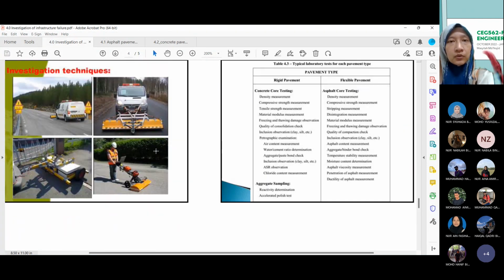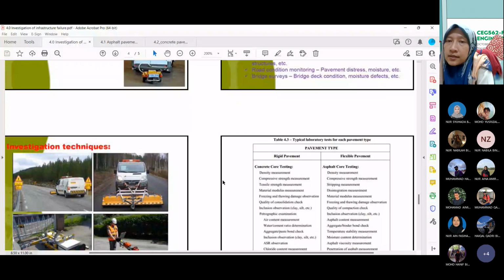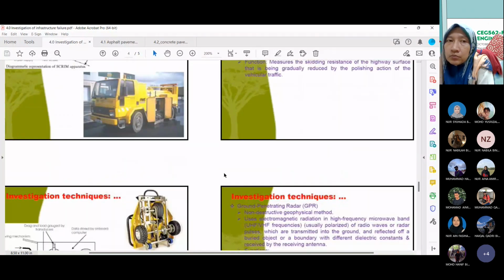Okay, we end our chapter 4, the infrastructure failure on road. After the holiday, we're going to cover two other infrastructure failures, drainage and airport. And if I am not mistaken, I have uploaded one case study that requires you to do the learning activities similar to what we had in chapter 3.